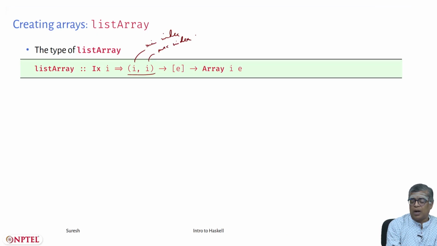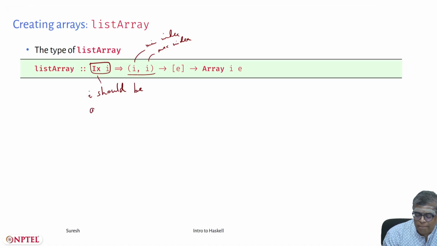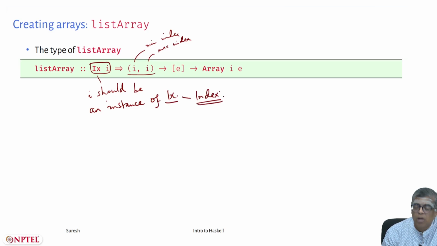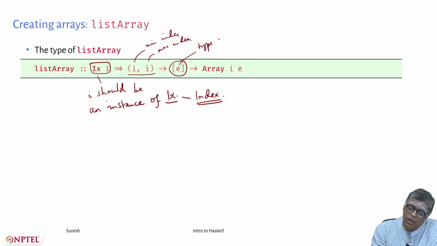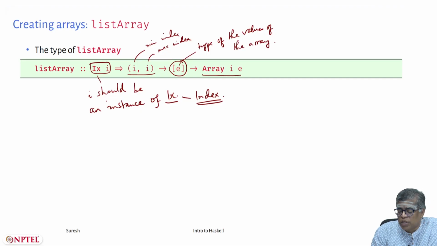That is two values, and i should belong to the type class Ix, which means index. And you have a list of elements of type e. e is the type of the values of the array. And finally, your output is of type Array i e. So that is what listArray is outputting.